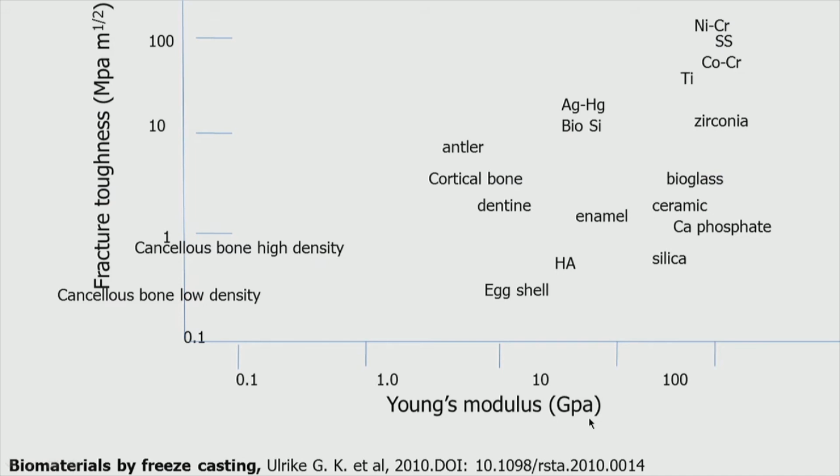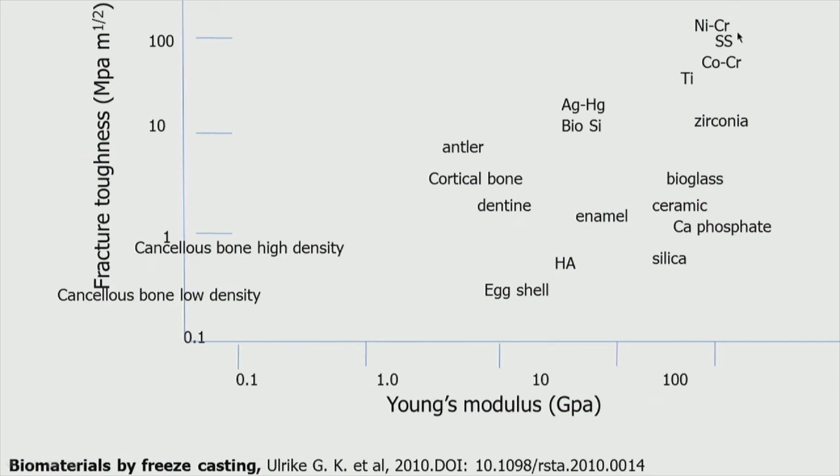So, if you look at materials like eggshell, hydroxyapatite, silica, ceramic, they do have good compressive Young's modulus, but their fracture toughness will be very low. That means if there is a defect or a crack formed, the material will fail immediately, comparable to your bone or dental material.